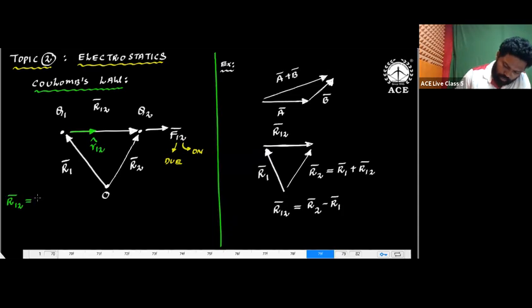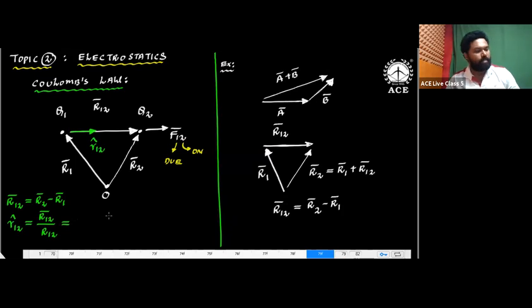Here it is, R2 minus R1, beta. Then what is this unit vector, beta? R12 cap is the vector R12 divided by its magnitude. If I do not put a cross, it indicates the magnitude.